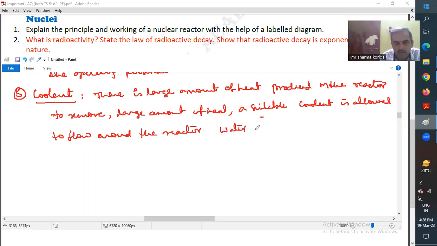Water is the best coolant because it has high specific heat.